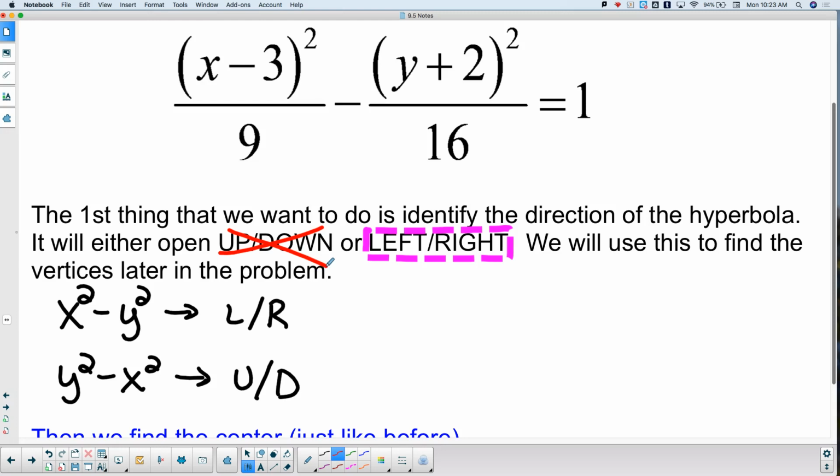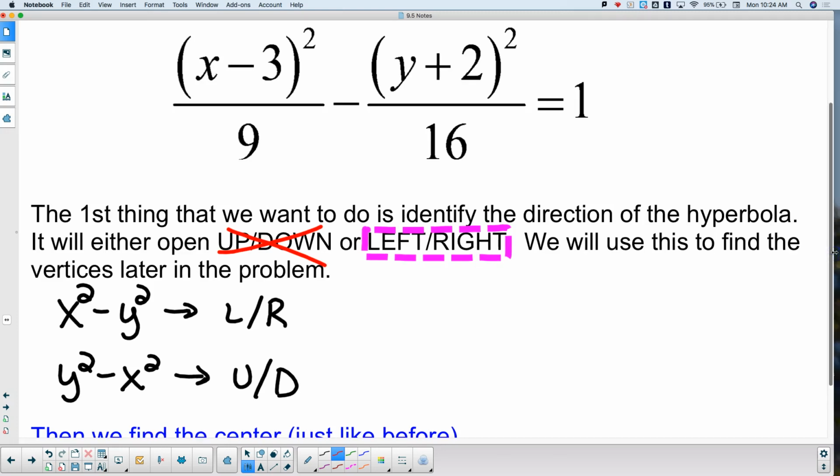I don't believe I put it on the worksheet for today. Nope, I did put direction of opening on the worksheet. So it will be a question that I would ask: which way does this hyperbola open? Left, right. Then we can go on to step number 1.